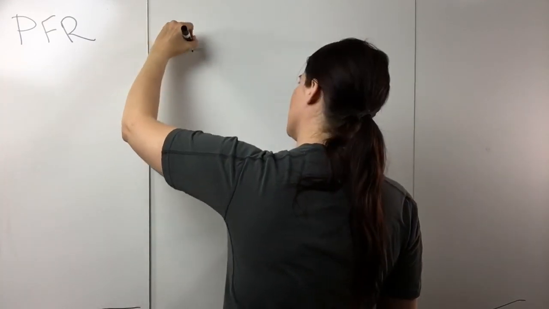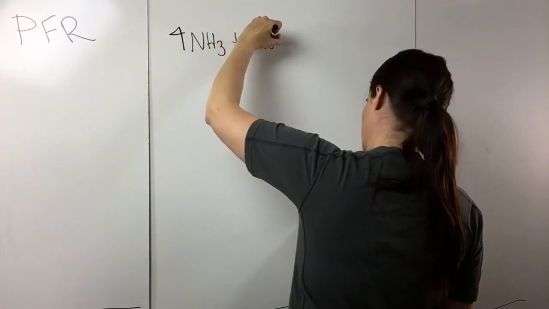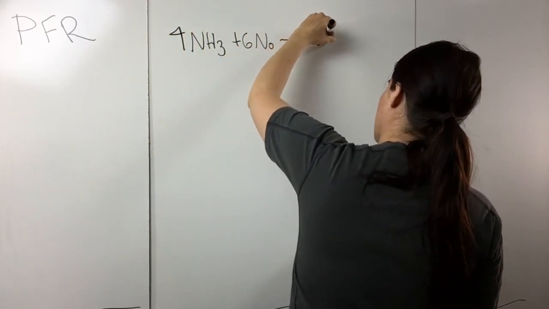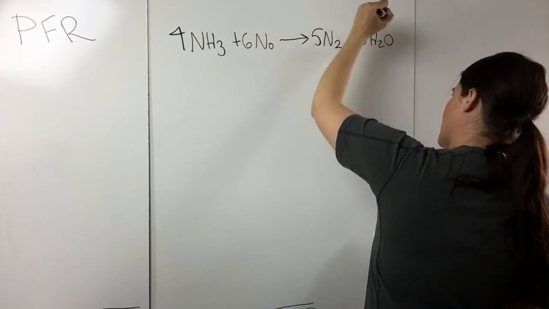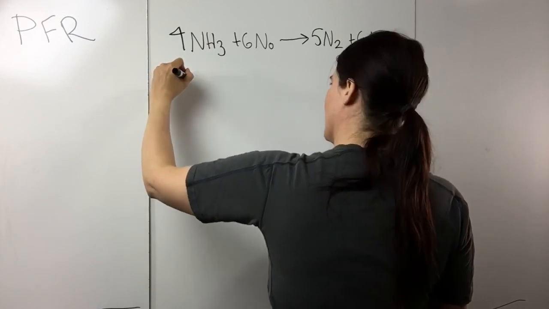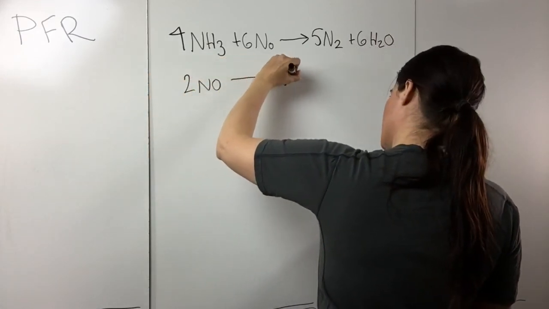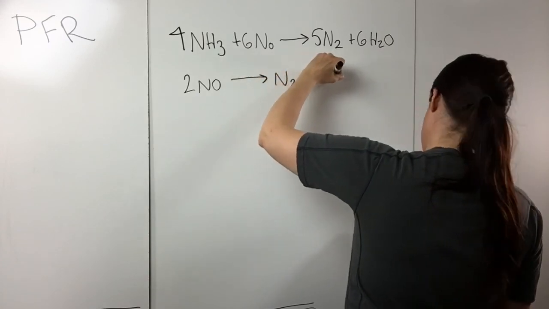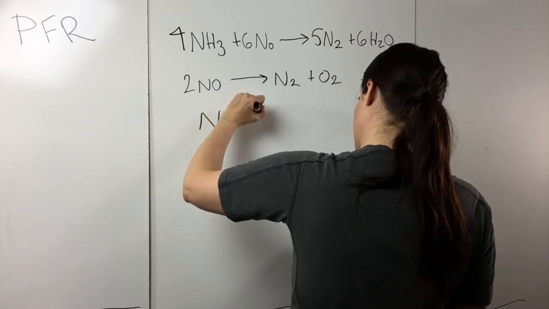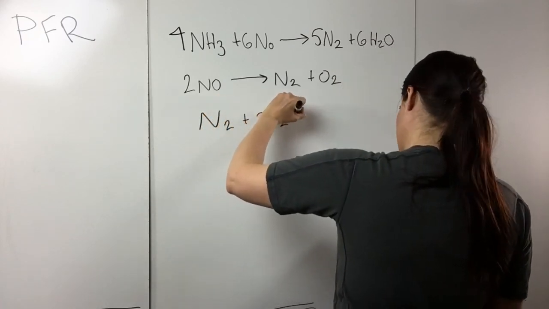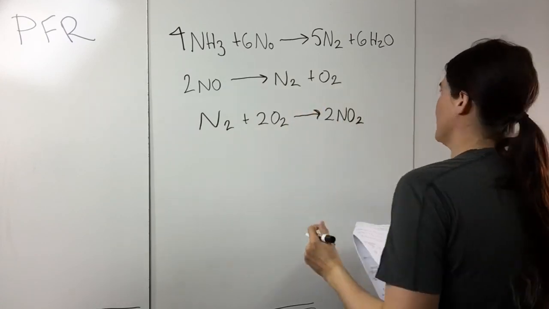So you have 4 NH3 plus 6 NO to 5 N2 plus 6 H2O. You have 2 NO to N2 plus O2, and you have N2 plus 2 O2 to 2 NO2.